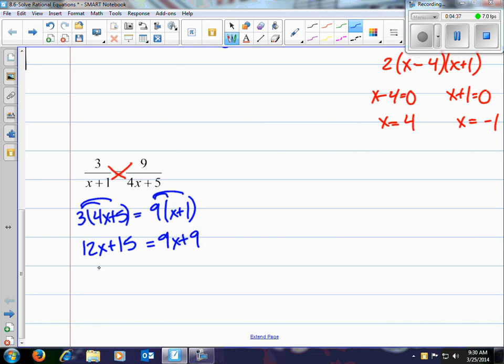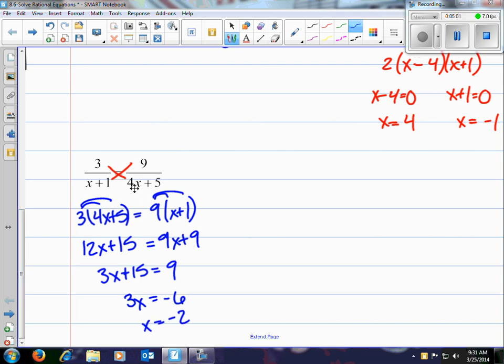Now I subtract 9x, so I get 3x plus 15 is equal to 9. And then I can subtract 15, so I get 3x is equal to, what's 9 minus 15? We have negative 6. And then I divide both sides by 3, so x is equal to negative 2.